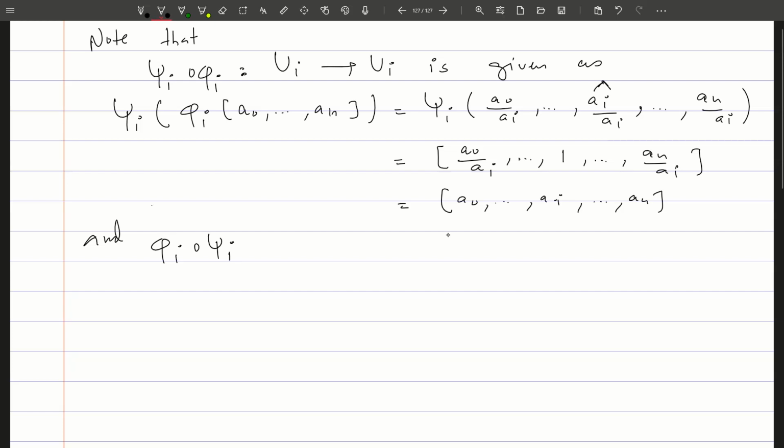So we have psi i composed with phi i is actually the identity map on ui, and phi i composite psi i is a map from an to an.